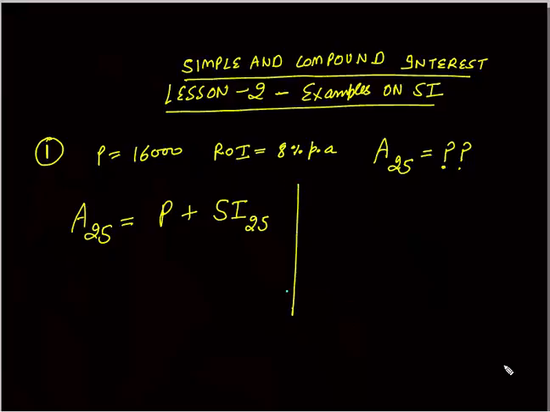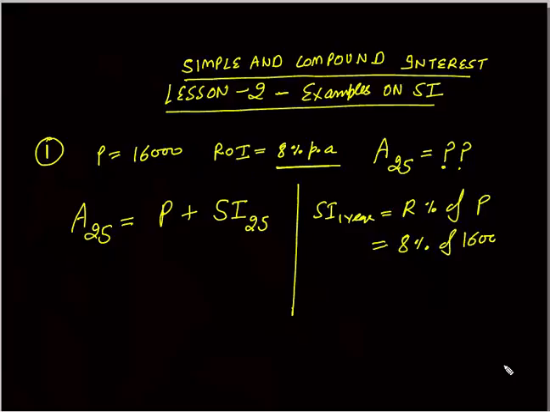Now, as discussed in the previous lessons, simple interest of 1 year is equal to R% of P. In this case, the rate of interest, that is R%, is 8% per annum. So 8% of 16,000 would be your simple interest of 1 year. As simple interest is the same every year, simple interest of 25 years would be 25 times simple interest of 1 year, that is R% of P.